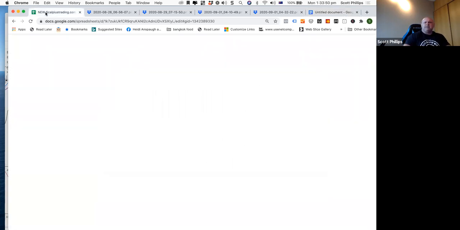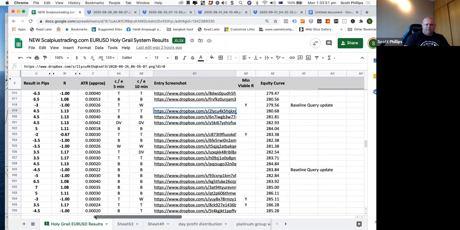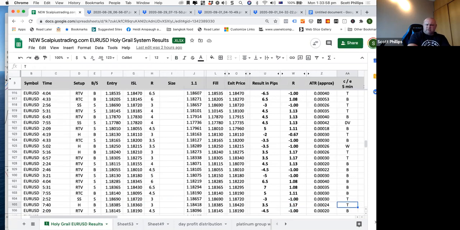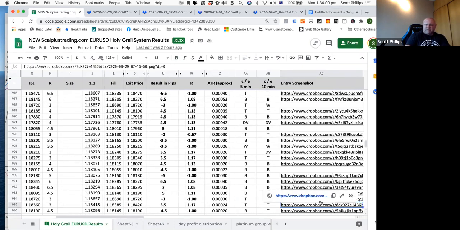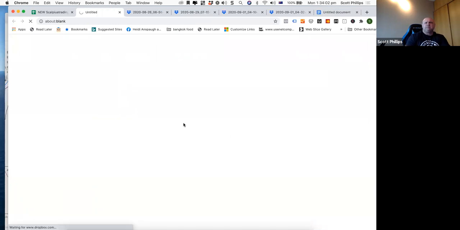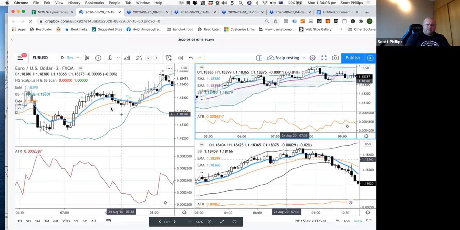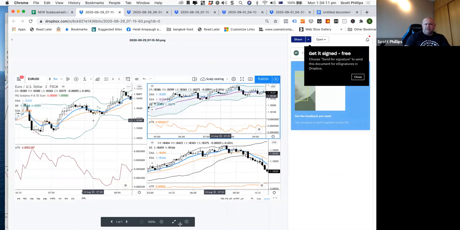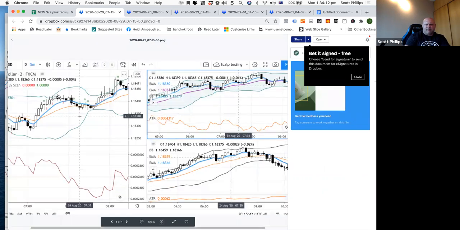Now, I want to point out something to you. Let's have a look at this hammer setup that was from last week. What we're trying to do, you can see this setup here, this little hammer candle here, we bought here and it ran away.